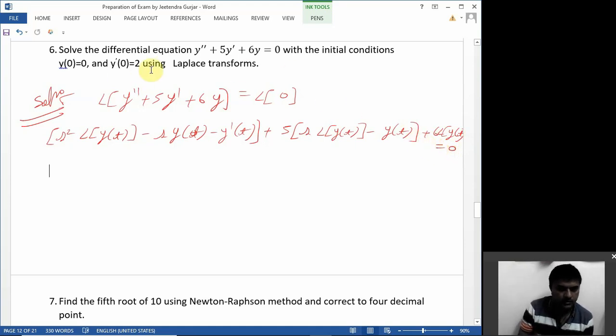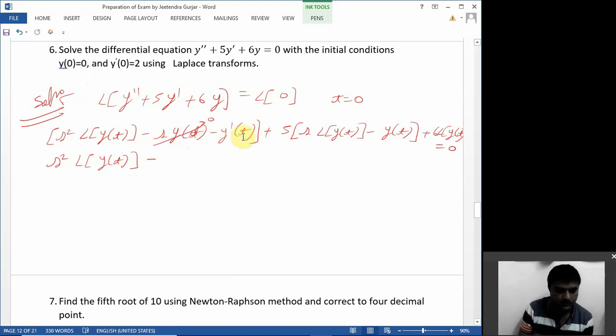Now look at this question with the initial conditions y(0) = 0 and y'(0) = 2. So this means that t is equal to 0. So now we can substitute the values one by one. This is going to become s² L of y(t), no change, minus y(0). So y(0) is already given as 0.